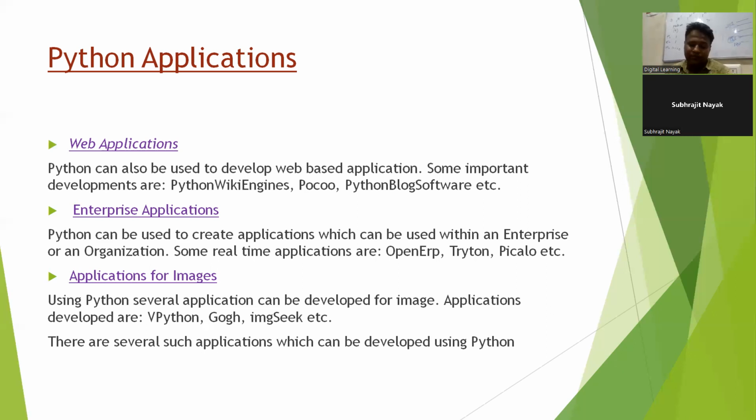Enterprise applications are used in different corporate sectors, and you can develop that application. Applications for images like image scanning, image matching, face recognition, face password, you can do with Python applications.